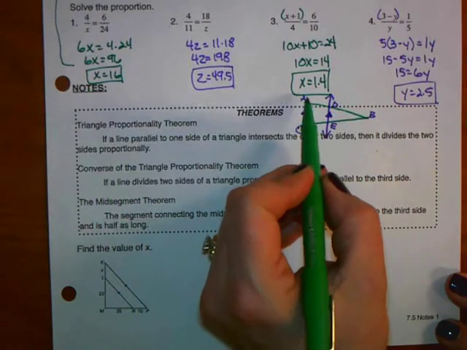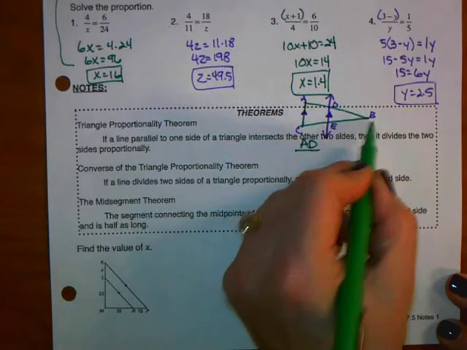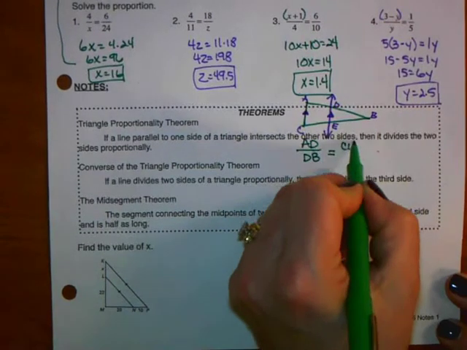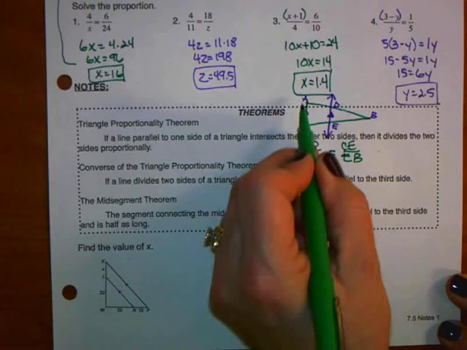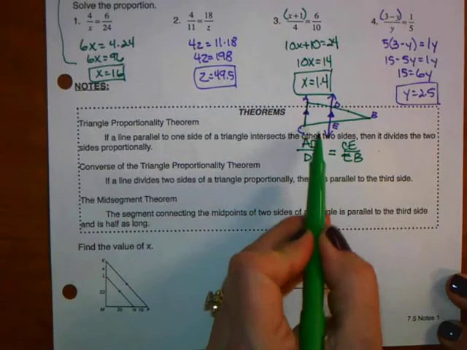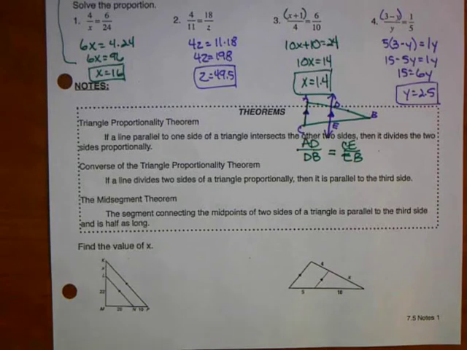So what I can say then is AD is to DB as CE is to EB. If I have these parallel lines here, I can set up this proportion. And I can use that to help me find unknown amounts, like an X or a Y.